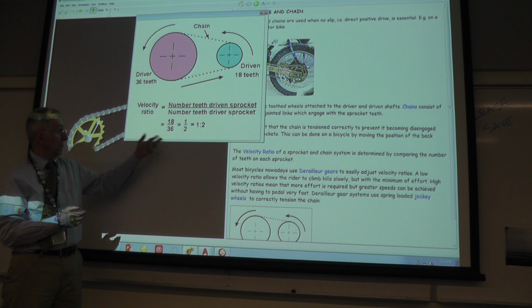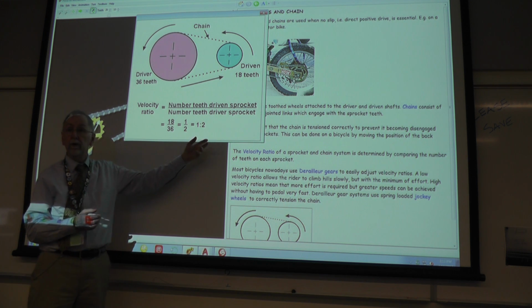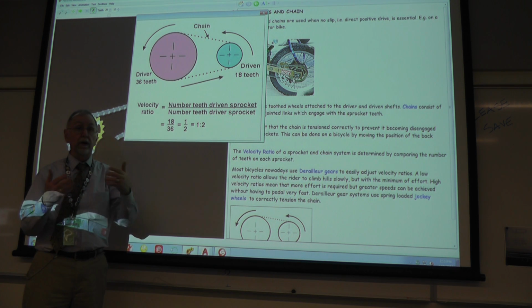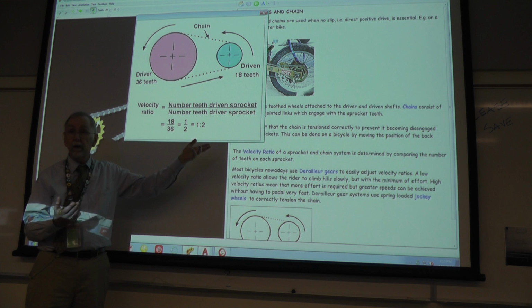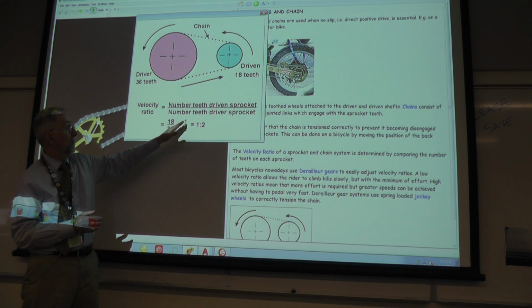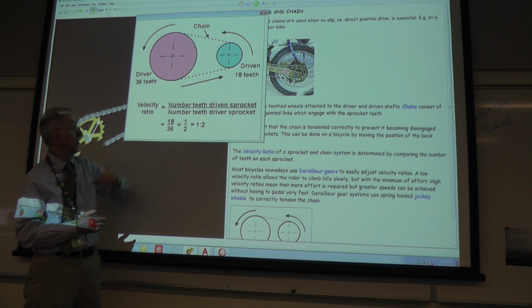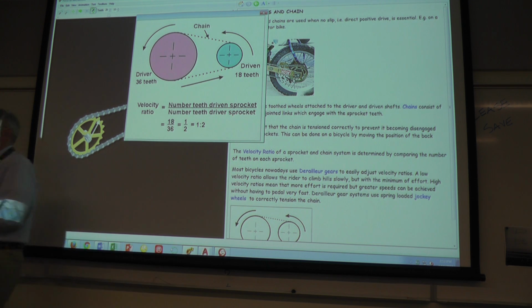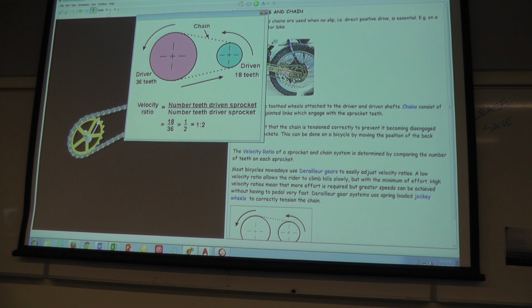So if I need a speed ratio of 1 to 2, the diameter on the driver is going to be 1, the diameter on the driven is going to be 2. Or if I have 10 teeth, I want 20 teeth, something like that. So here we're doing number of teeth on the driven divided by the number of teeth on the driver sprocket. Very similar to what we did.